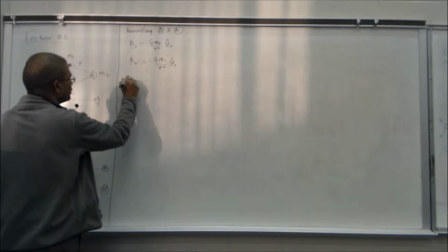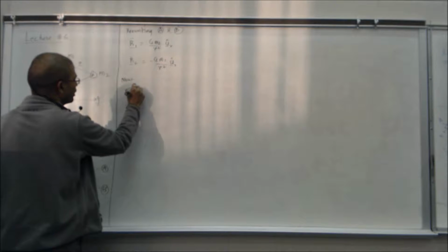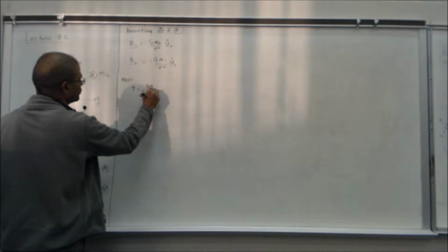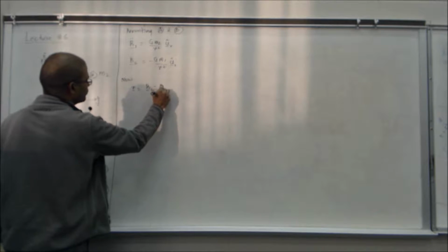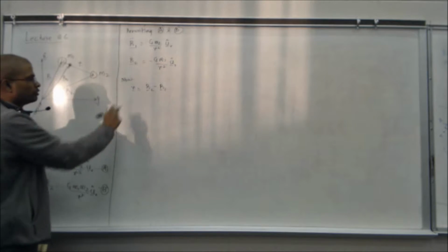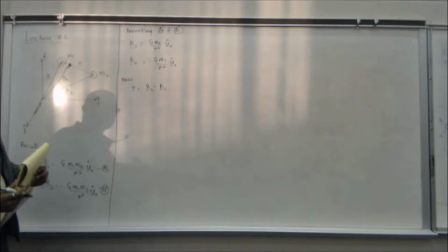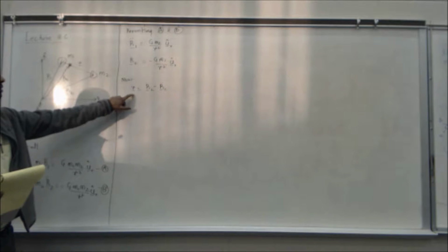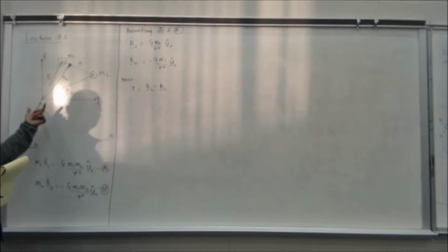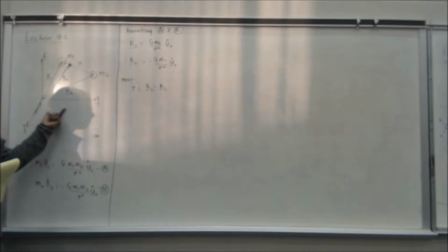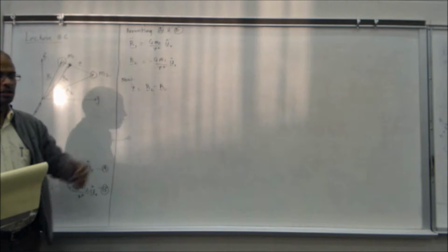How did we define R? Remember, R is defined as R2 minus R1. Since R is coordinatized in a fixed frame, in an inertial frame, you can just write it as R2 minus R1.